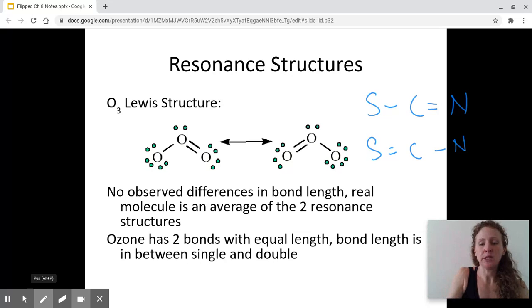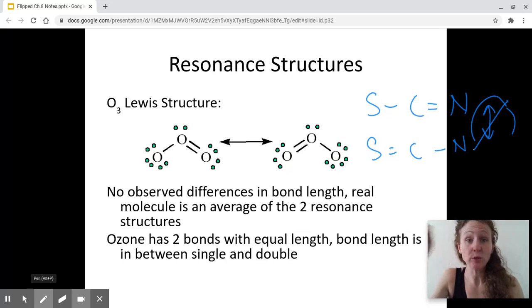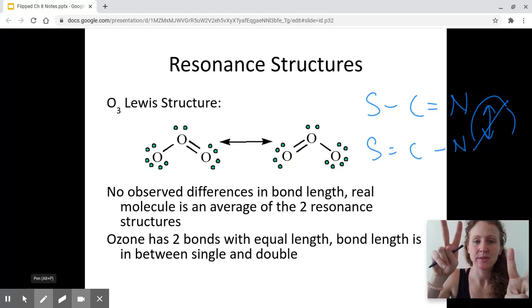This would not be a circumstance where you have resonance, because the double bond is moving, yes, just like in resonance, but it's moving between different atoms. Sulfur carbon, nitrogen carbon. Those are different atoms.